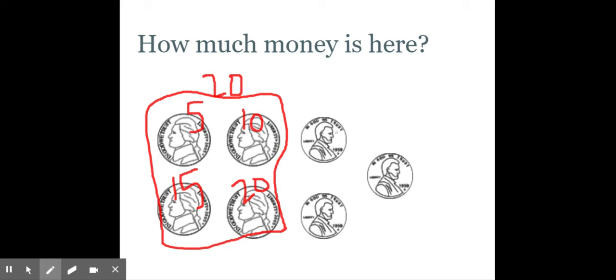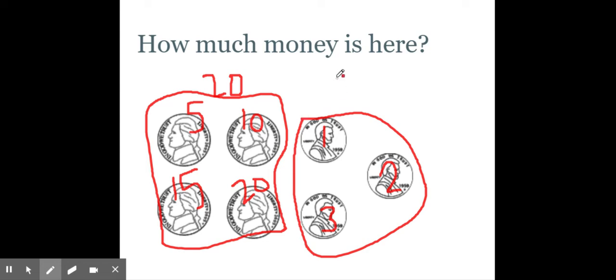You remember pennies are worth 1 cent each. So here we've got 1 cent, 2 cents, 3 cents. All you have to do is count your pennies. 1, 2, 3. So in our pennies, we have 3.